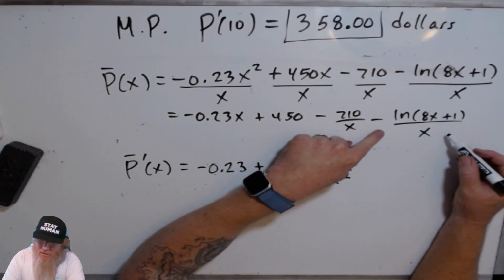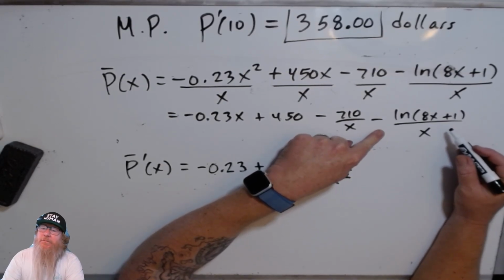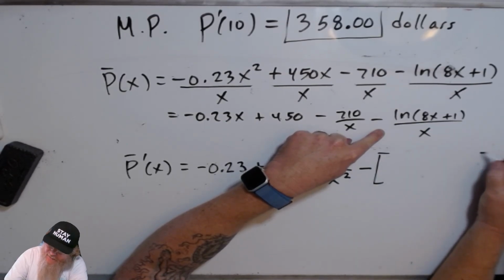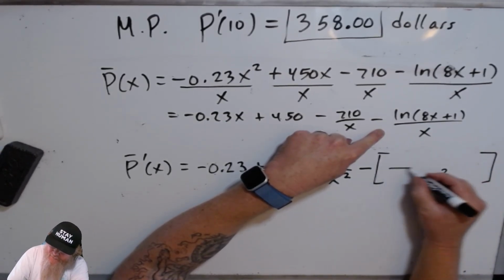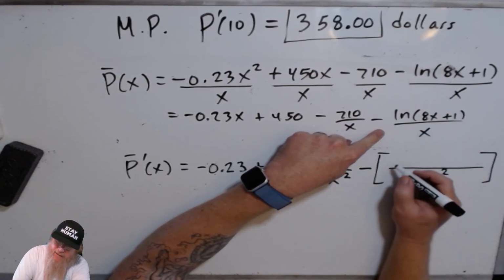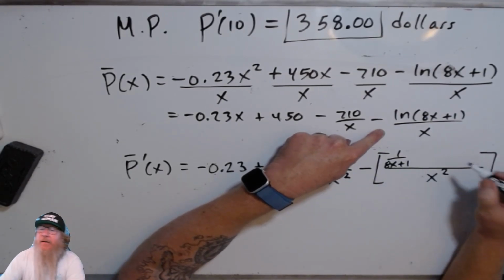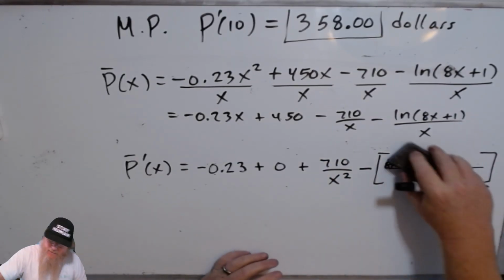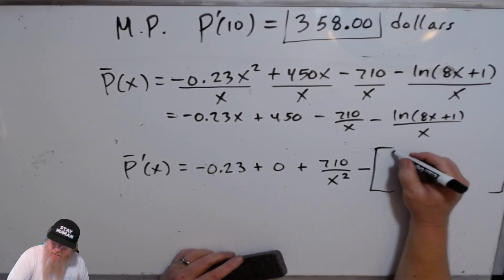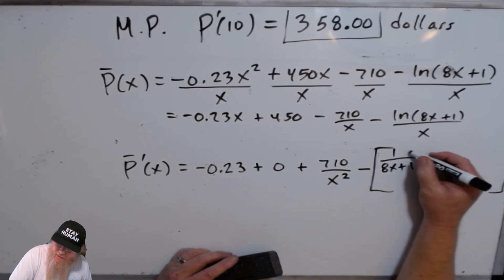And now this one's a little tricky. All right, this one's a tricky one. This is a quotient rule. So I'm going to use some extra brackets here. Denominator squared. All right, so the derivative of the top, 1 over 8x plus 1 times 8.